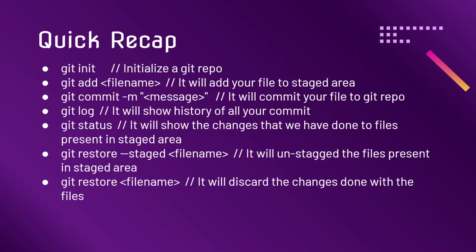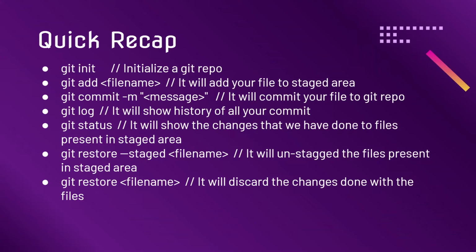Then we have git add for adding a file. We can write git add and the name of the file and it will add the file to the Git repo. git add dot signifies that we want to add everything in our folder to the Git repository. And then we have git commit for committing our files to the Git repo.